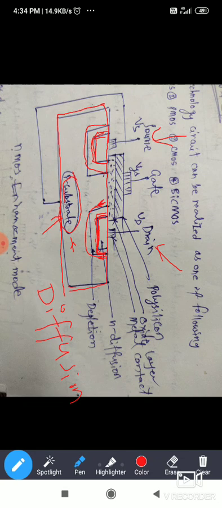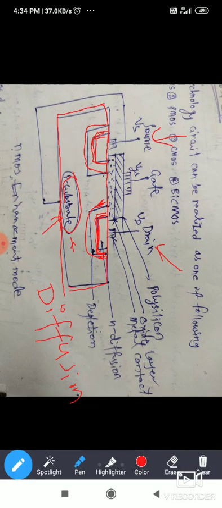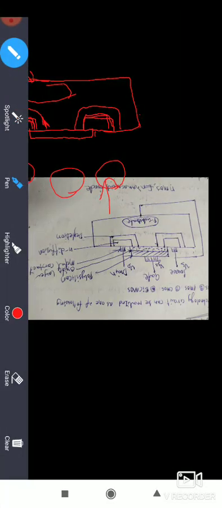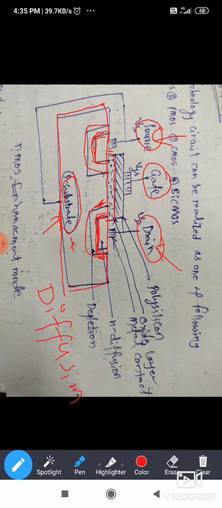After that, we will deposit an oxide layer, which is called silicon dioxide. I will indicate this is the source, this is the gate, this is the drain. This is the substrate, the total substrate.